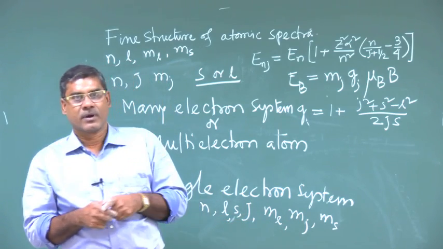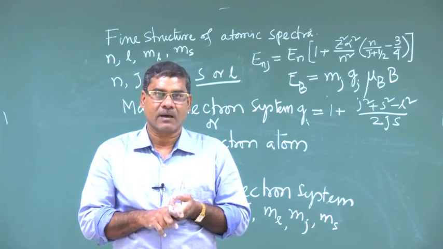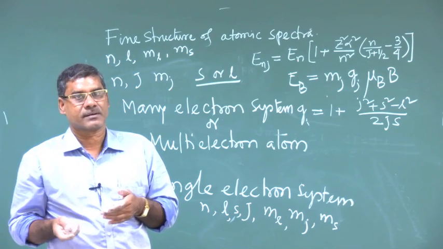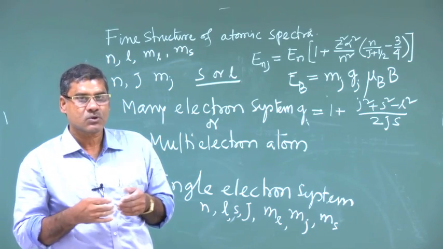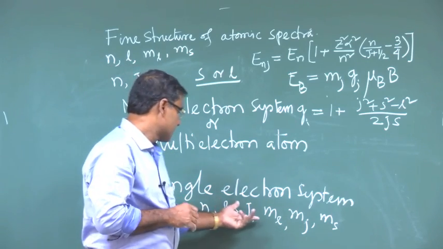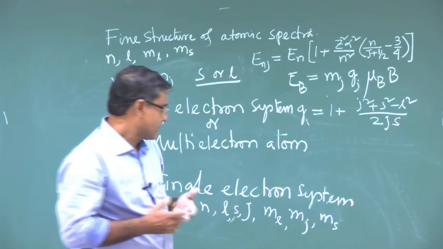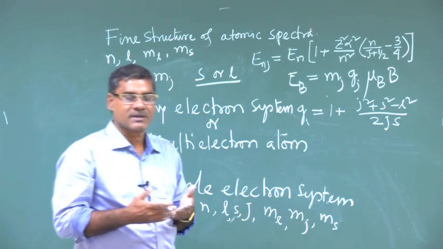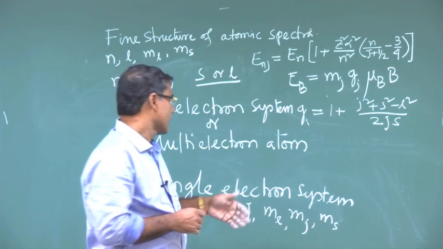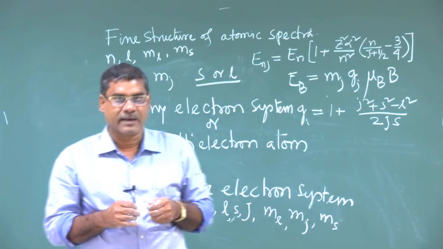Another aspect, when there is a coupling between angular momentum and the spin momentum, then the scenario is different. Okay. So, in most of the cases, this coupling is observed, and considering the coupling, considering the resultant J value, we have seen that one can explain all phenomena of spectral lines.